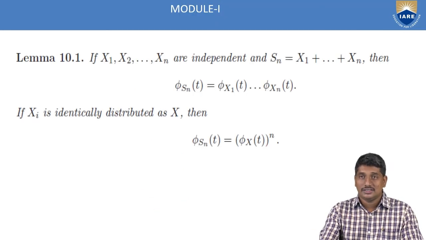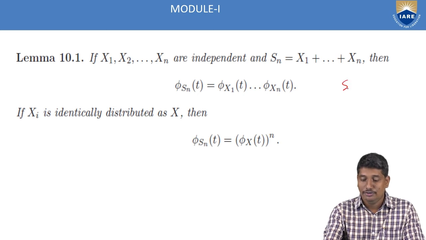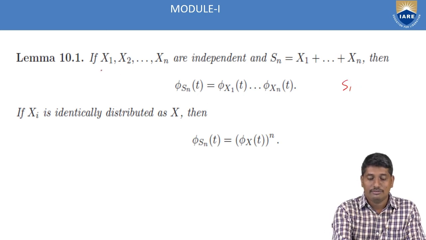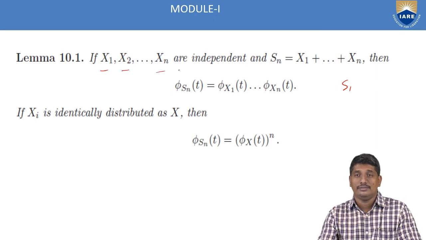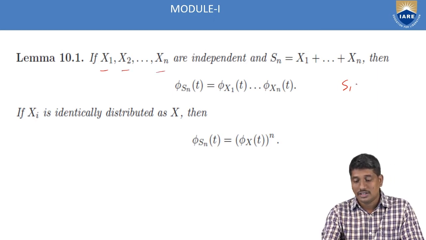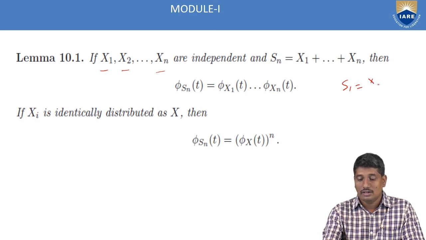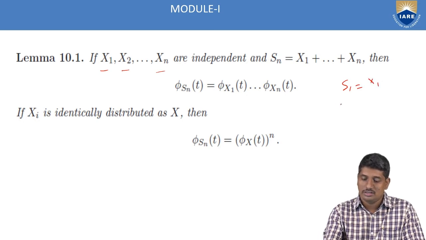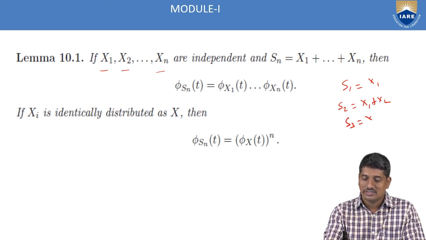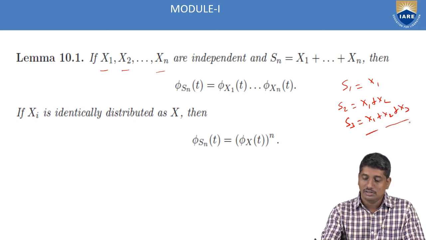And this tells us that if we have a sequence of independent random variables x1, x2, and so on, xn, then we can construct another sequence of random variables as their sums. S1 is x1, s2 is x1 plus x2, s3 is x1 plus x2 plus x3, and so on.